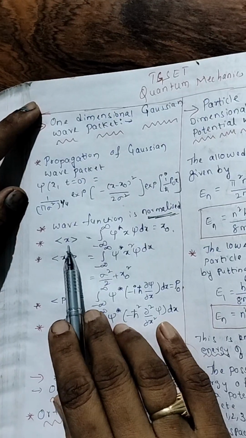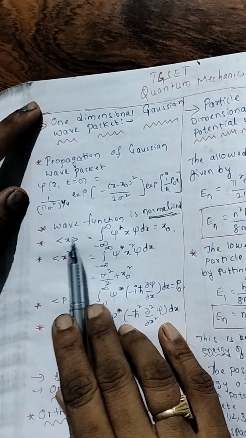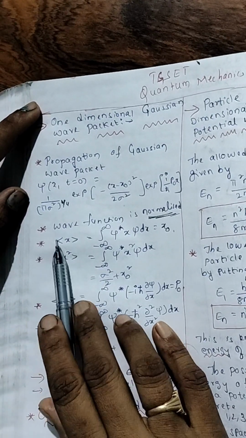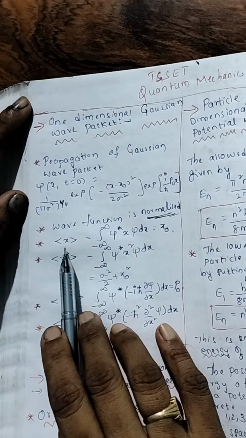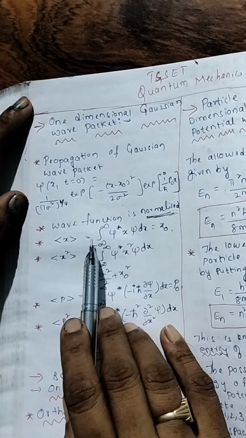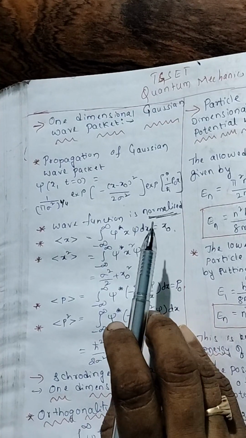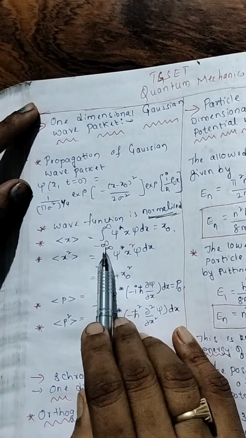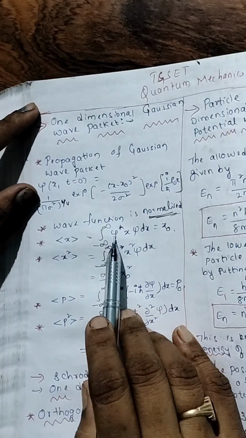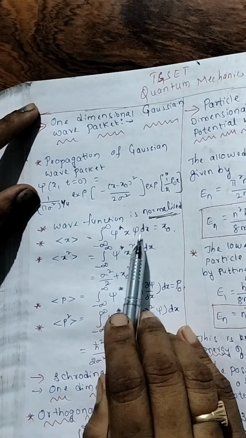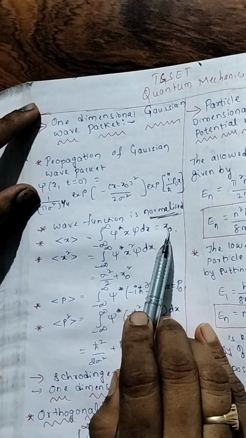Now the expectation value: if these symbols come, you think of it as an expectation value. The expectation value of x, as we wrote in the last video, is the integral from minus infinity to plus infinity of psi star x psi dx, which is equal to x naught.